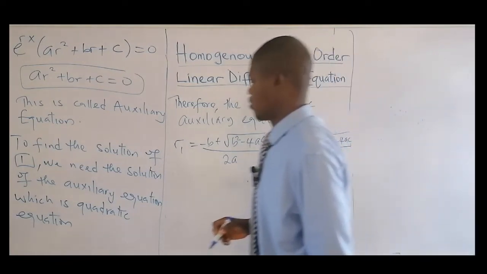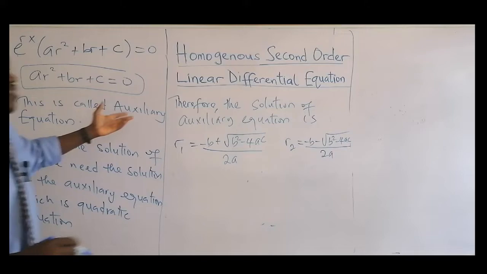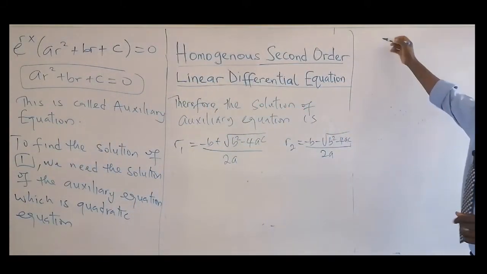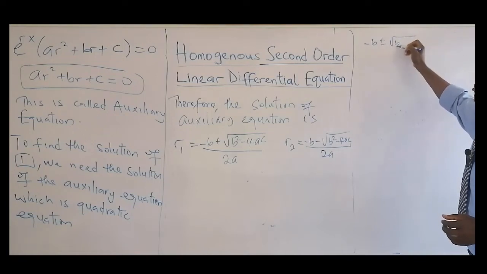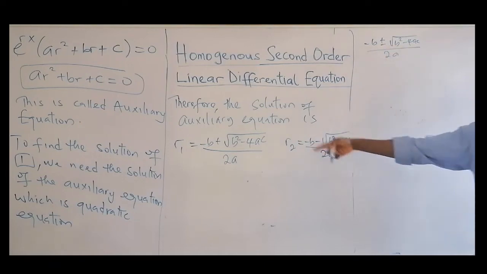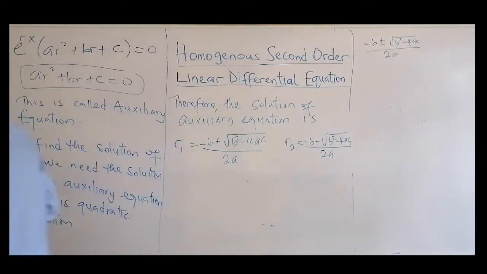Then the second one, r2, equals minus b minus the square root of b squared minus 4ac, over 2a. Don't forget the root of a quadratic equation is minus b plus or minus the square root of b squared minus 4ac over 2a, and that's what we split into two.